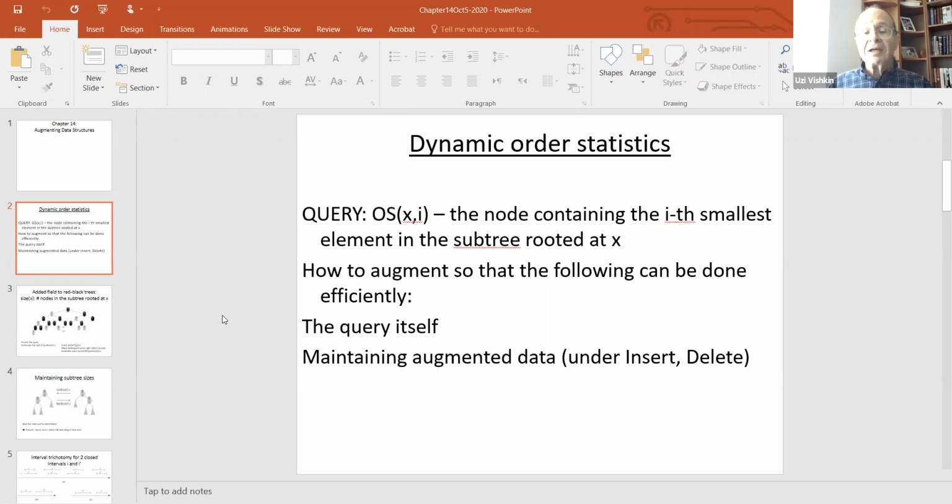So can I maintain the augmented data structure? Okay, this will make it fully compatible with the dictionary situation we had before. So is the challenge clear? So I want to be able to respond to this query and also to be able to continue to respond to it if my data structure goes through an insert and delete.